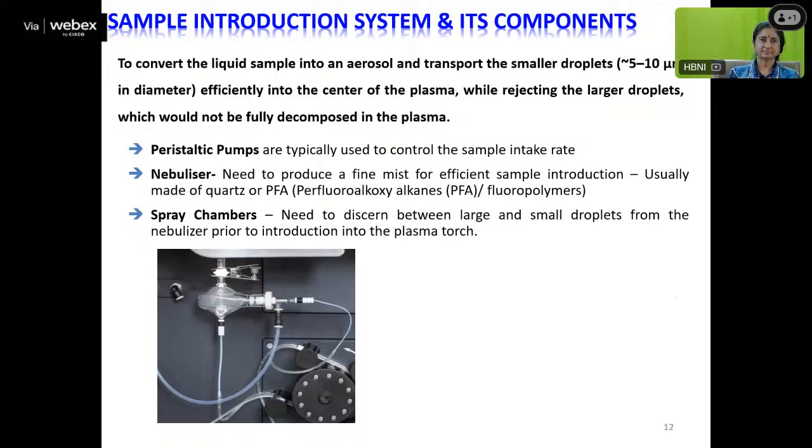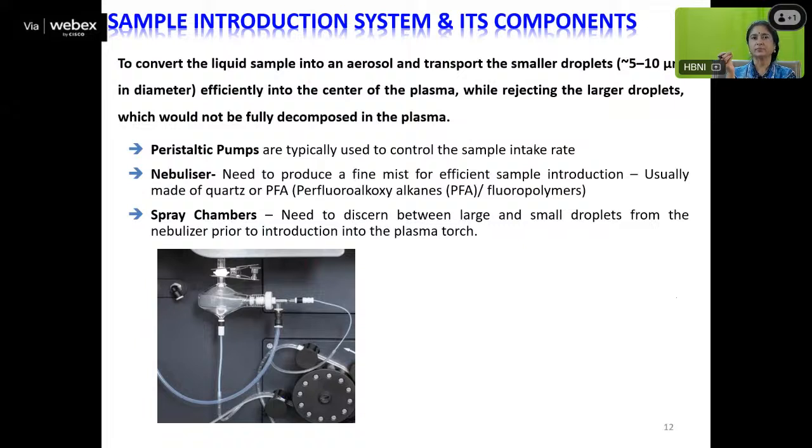Now, the different parts: the peristaltic pump is typically used to control the sample intake rate, because the sample intake rate should be similar for all the standards and samples, and therefore you use a peristaltic pump. The nebulizer needs to produce a fine mist for efficient sample introduction.